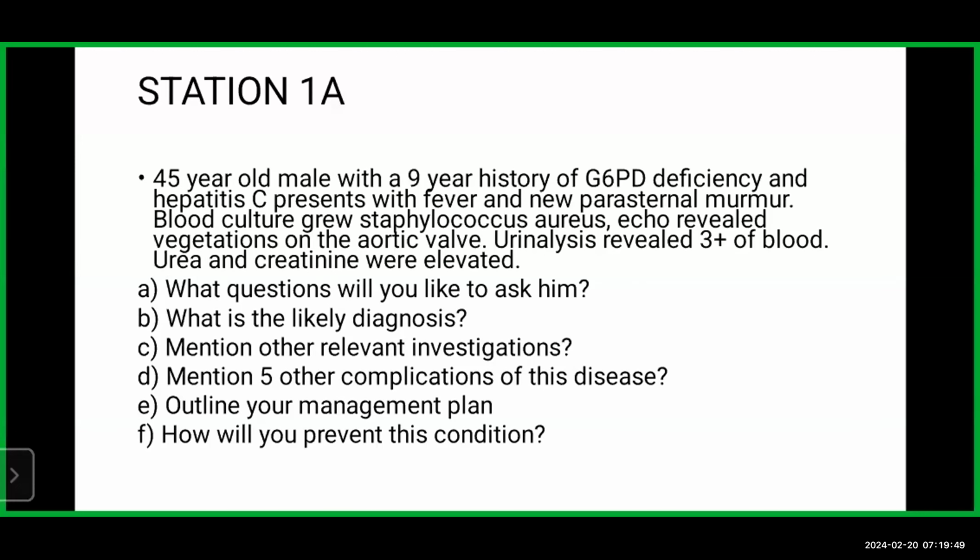What questions will you like to ask him? What is a likely diagnosis? Mention other relevant investigations. Mention 5 other complications of this disease. Outline your management plan. How will you prevent this condition?